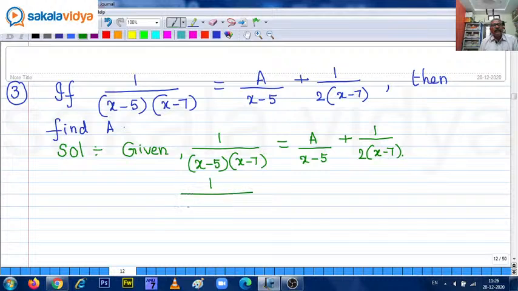Now 1 upon x minus 5 times x minus 7. Here LCM is 2 times x minus 5 times x minus 7.